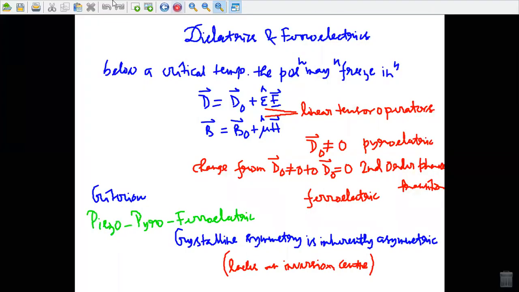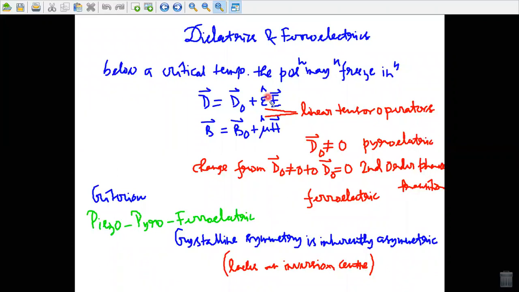These are the basics. The displacement D is equal to D naught plus epsilon E, and in the same manner B can be written as B naught plus mu H, where epsilon and mu are linear tensor operators, right?